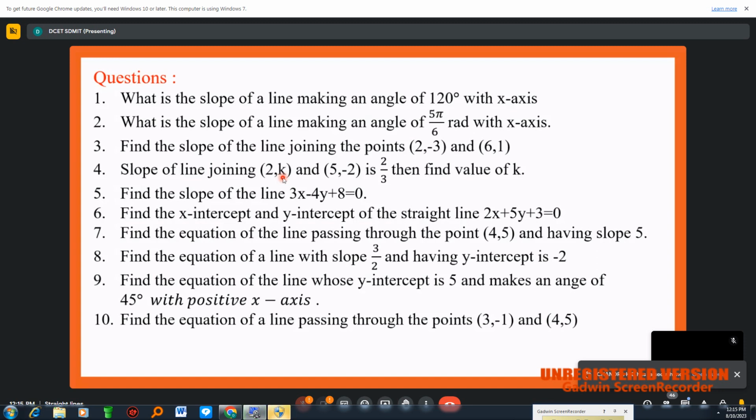The fifth one is minus 3 by minus 4. The signs cancel, so you will get 3 by 4.